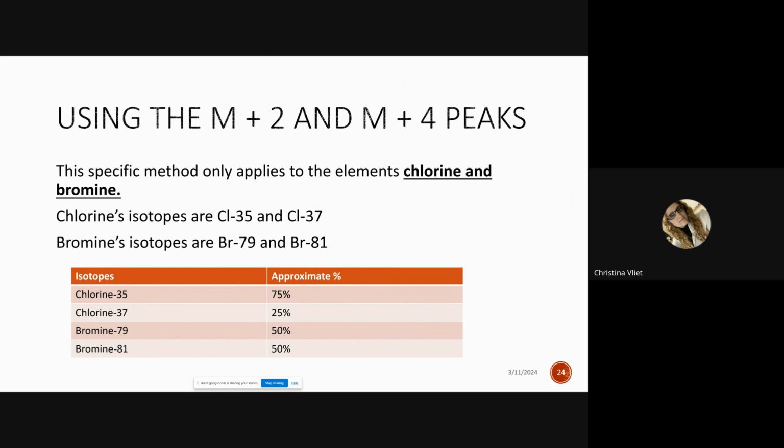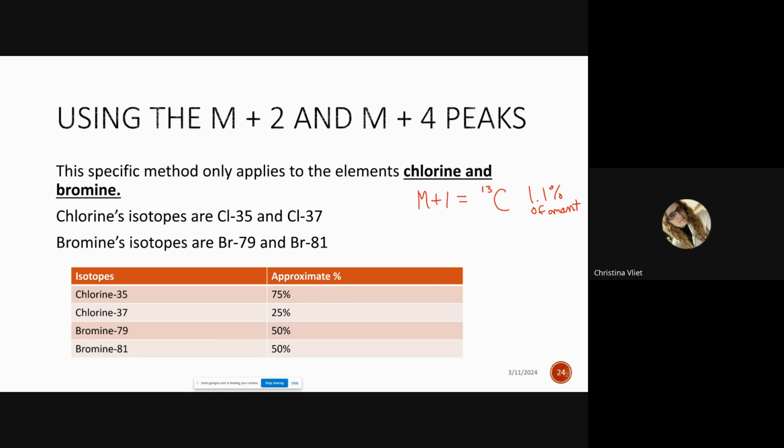The M+1 peak, what was that again? It's always carbon 13. Remember, that was always 1.1% of the amount. So the M+1 peak is always a very, very tiny amount in comparison to the molar mass peak.